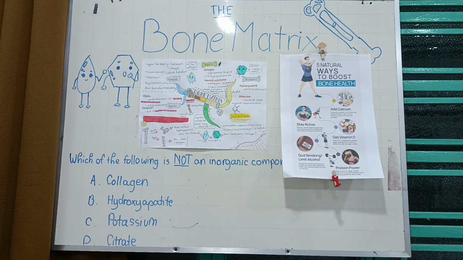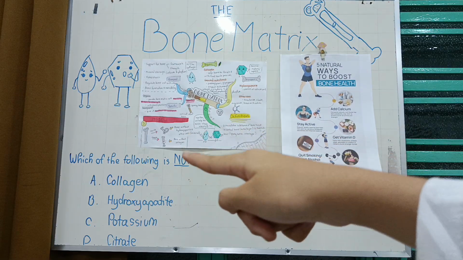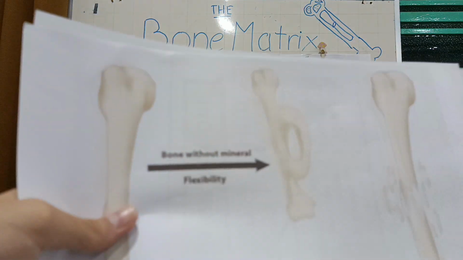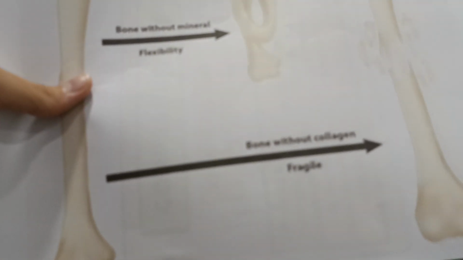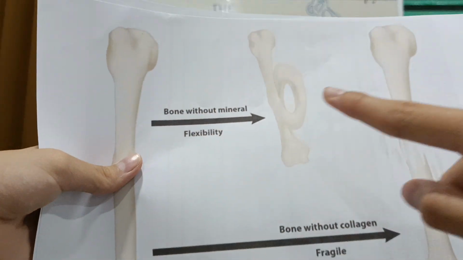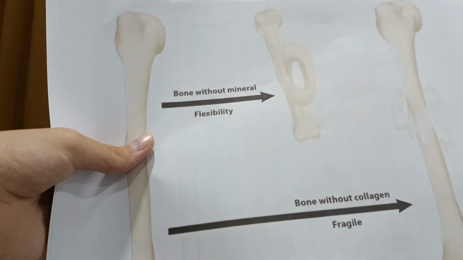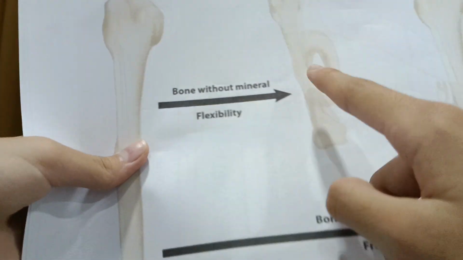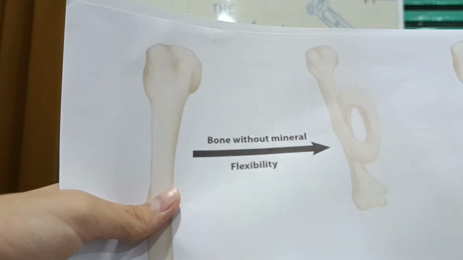Next is this model, which I have in my mind map as well, as you can see on that red part. So here is the bone without mineral. The bone without mineral, without the hydroxyapatite and the inorganic compounds, will be just this flexible mess.